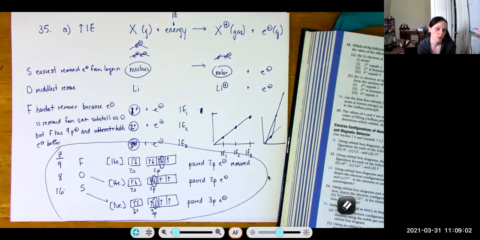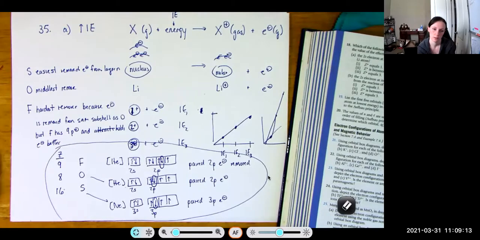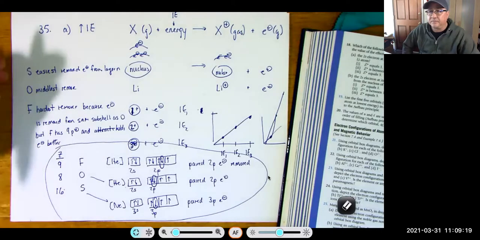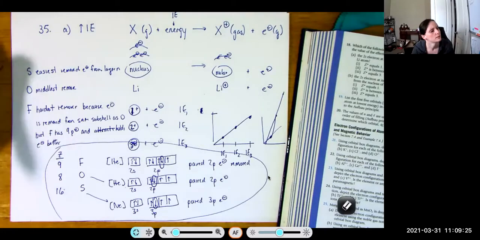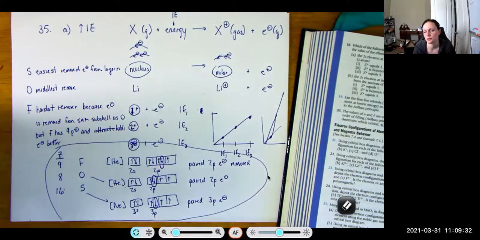So first we look at the outermost shell, and then we go to Z. Then you go to the nucleus, the atomic number. And then what you may have to do is, sometimes it's a matter of paired versus unpaired. Paired is easier to take.